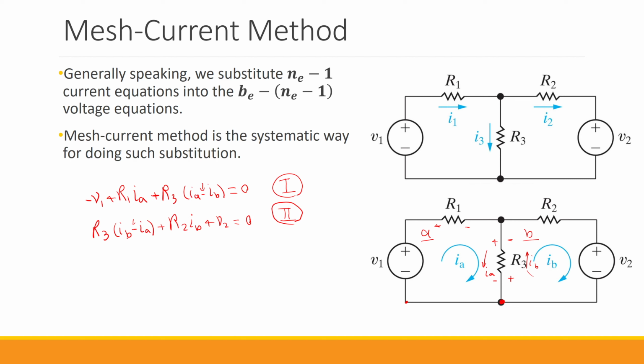If they are in the agreeing direction, for example, if IB we defined in the opposite direction, then for R3 they would go the same way as IA. So if they are in agreeing directions, in the same direction, we add them together. If they are in the opposite direction, we subtract. And then based on that, we write the KVL for each one of those individual meshes.